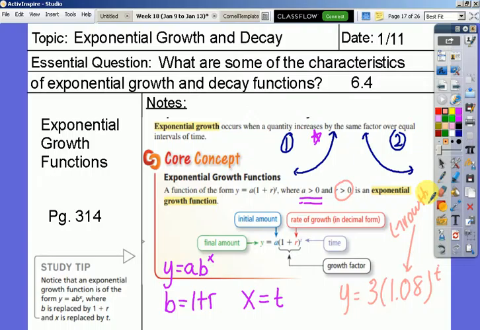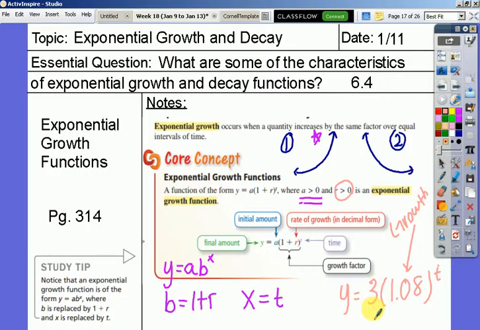So we have different representations for the variables in that equation. Y being the final amount after a set amount of time, and the growth rate being taken into account. A being the initial amount, so A being what we start with. So I could start with, for example, 3 bacteria, or 3 coins, or 3 people here.